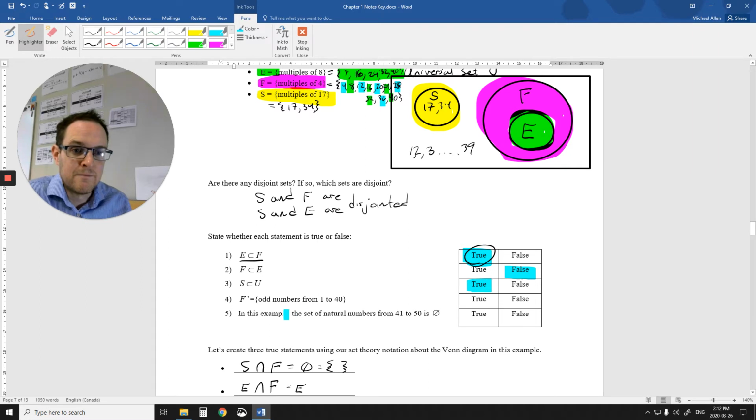That is true. The complement of F, okay, so F are the multiples of 4. So remember this little symbol stands for not. What is not a multiple of 4? So 1 would be one. Okay, that's an odd number. 2 is not a multiple of 4.